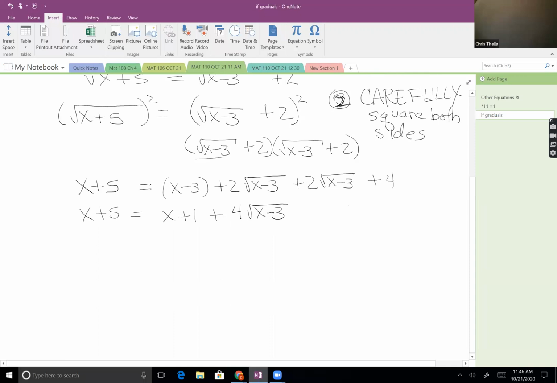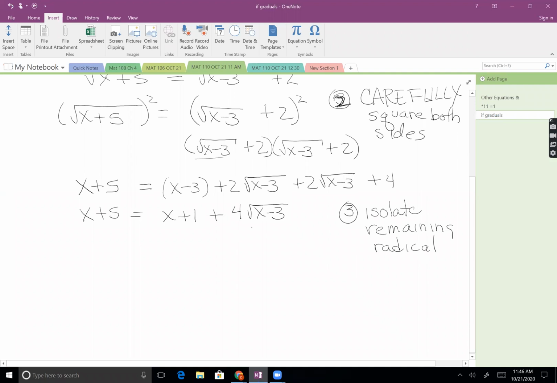Now what we want to do is isolate the remaining radical. Get that square root that's left alone.